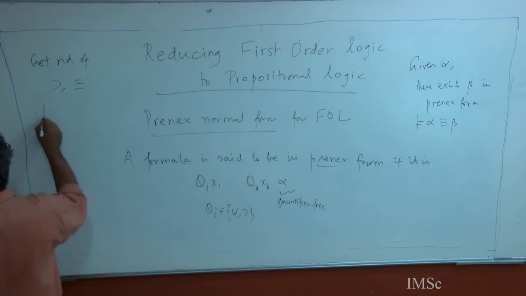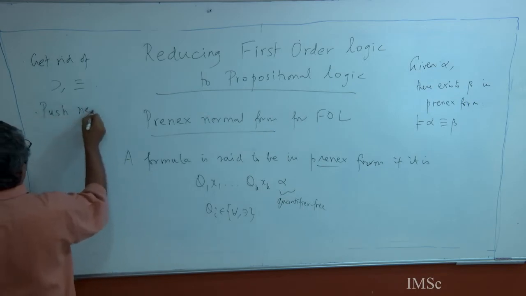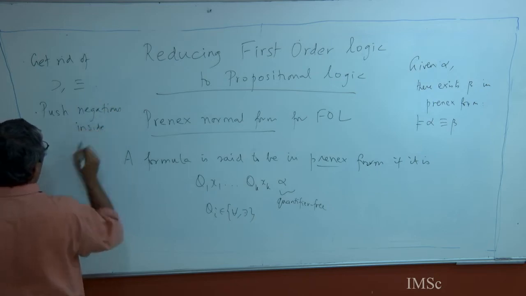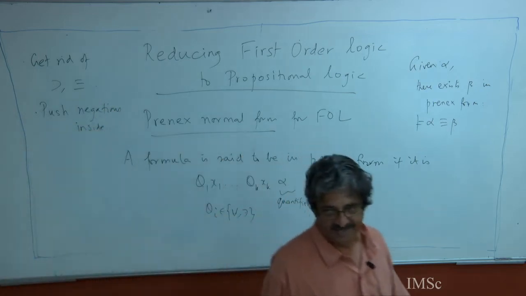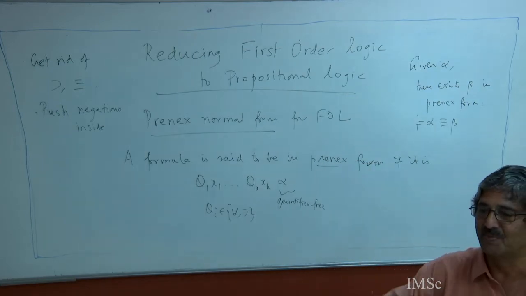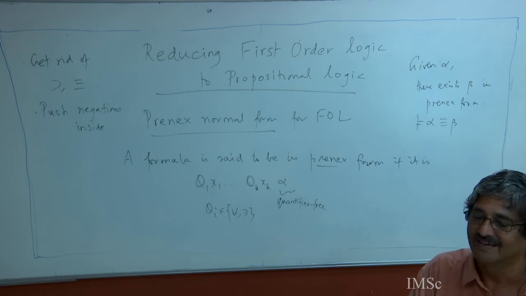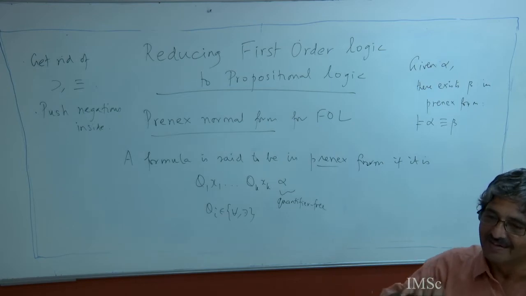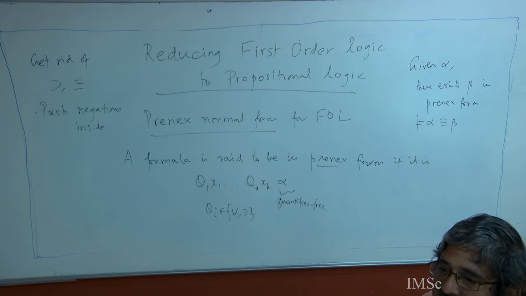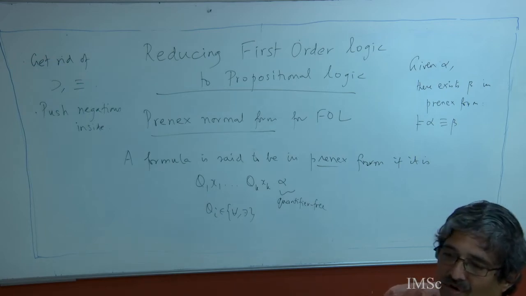Another thing that you can always do is push negations inside. Again, how do you do that? If a not is standing in front of there exists, push it in, turn it into for all not. Not for all is there exists not. Not of and will give you negation inside with ors. Not of or will give you the dual. Double negation can be knocked off, in fact, and so on. So you can always push negations inside until they appear only in front of atomic formulas.